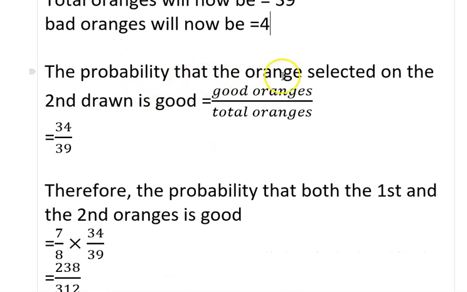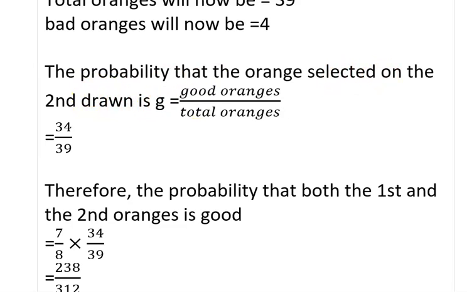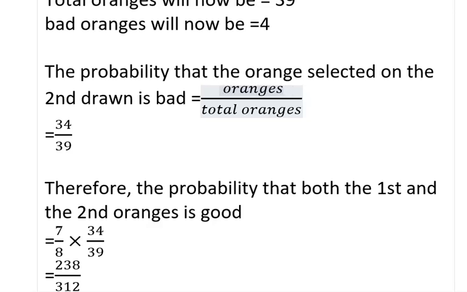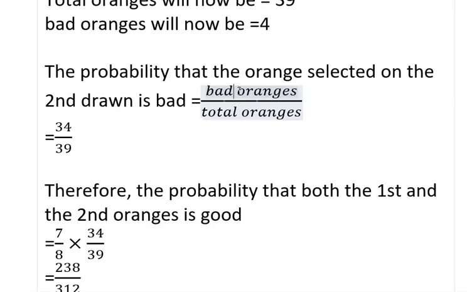Now, the probability that the second orange selected on the second drawn is bad now will now be bad oranges over total oranges. So bad oranges, they are how many? They are 4. Total oranges, they are how many? They are 39. Awesome. So we've been able to iron out that.